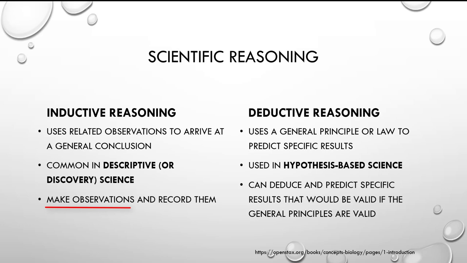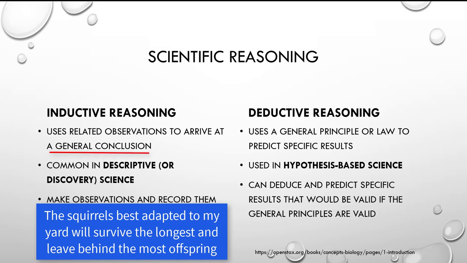So those are some observations. They're not all the same, but they're the same species. They're competing for the same resources, and they're obviously living in the same area, so they're adapted to this environment. So I can come up with the conclusion that the ones that are most adapted to my backyard are going to survive and outcompete the other ones, and they're going to survive and mate and be able to pass on their traits to the next generation. So that's a form of inductive reasoning.